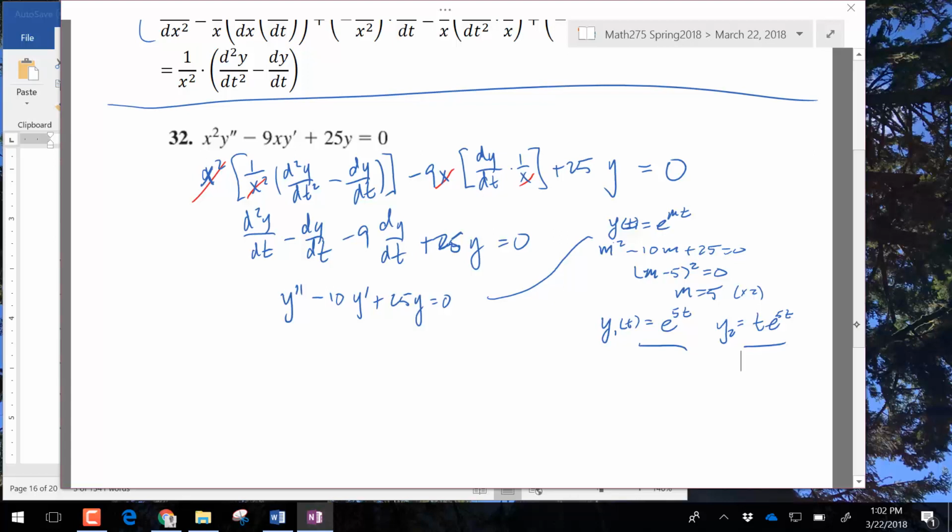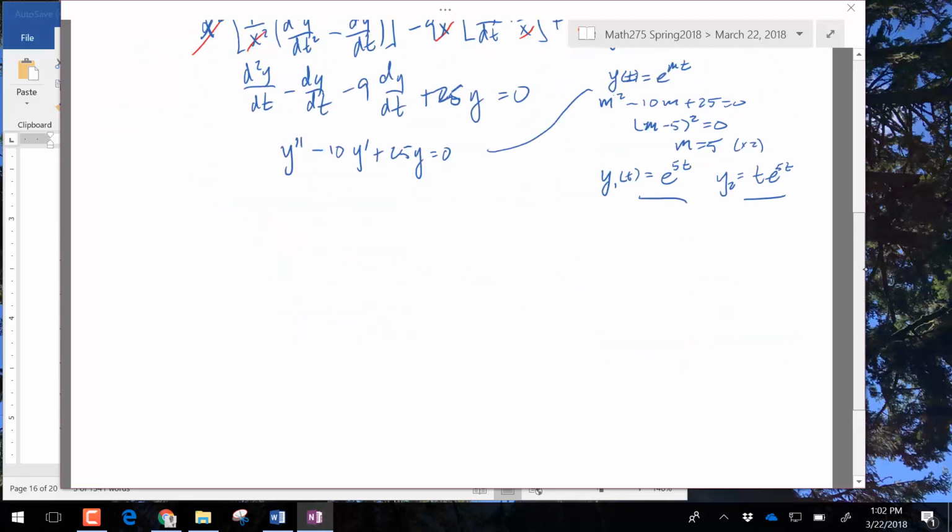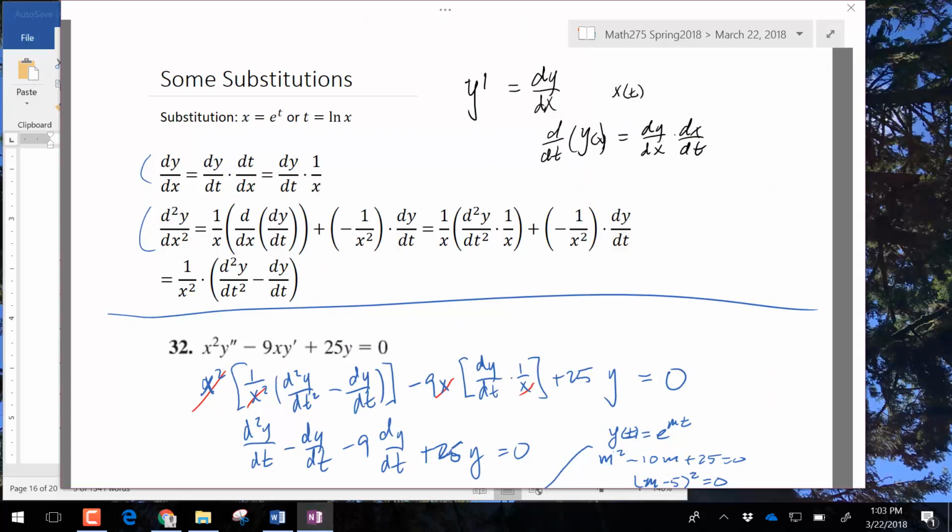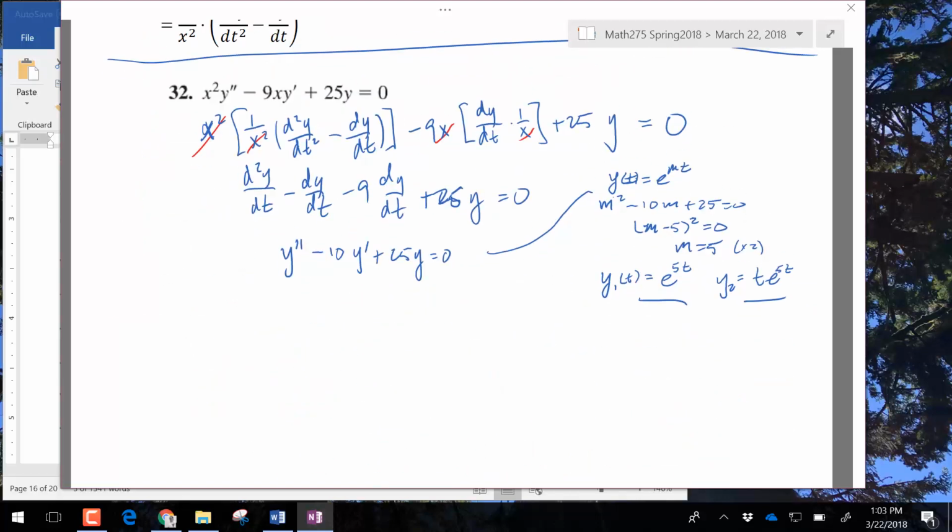And to make sure that we check that, we should probably make our substitutions back. So t is equal to ln of x. To change this back into y of x, we're going to write, in terms of x, e to the 5 times ln of x.